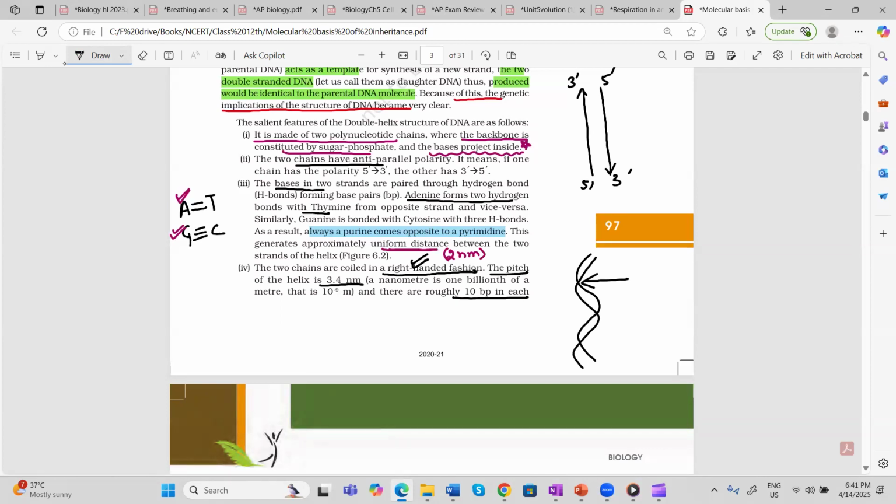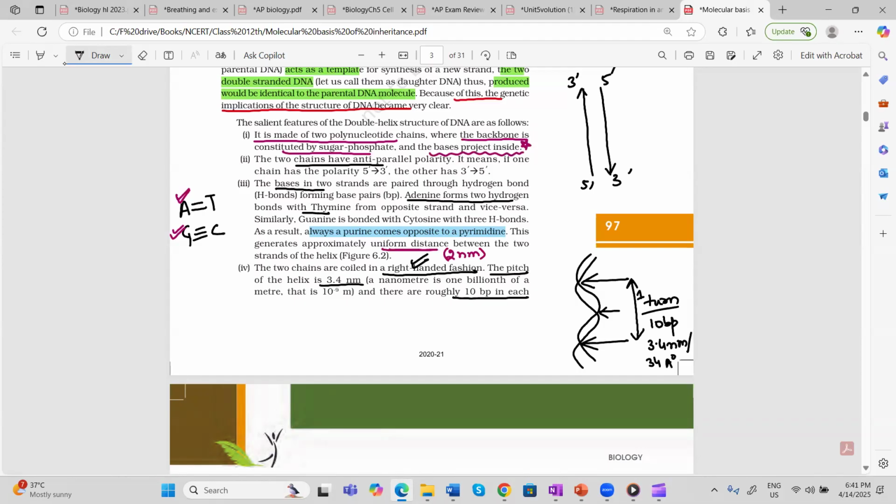This is the major groove, minor groove, and major groove. One turn I'm taking from one major to one major. This is one turn, and one turn means 10 base pairs. 10 base pairs means 3.4 nanometer, or you can write down 34 angstrom.